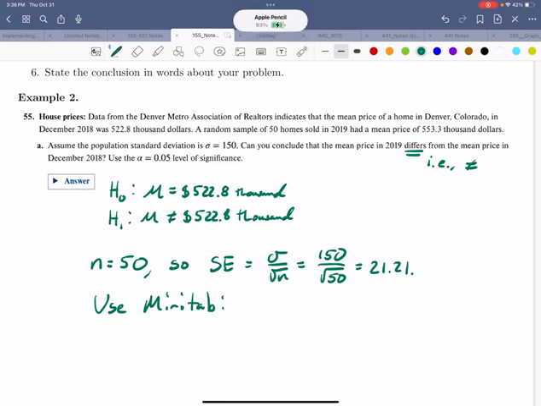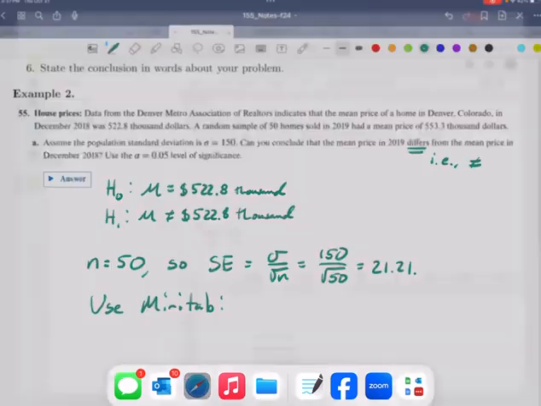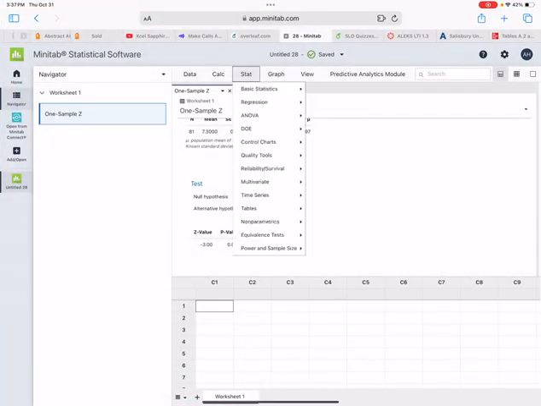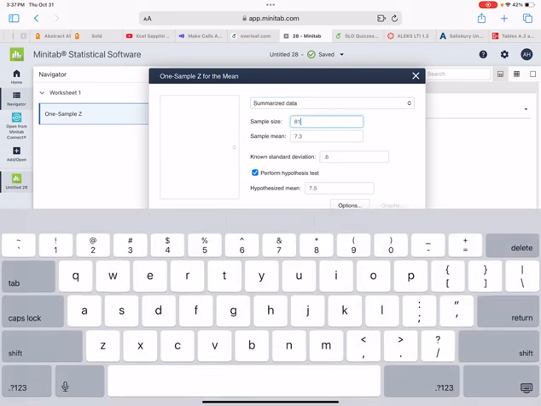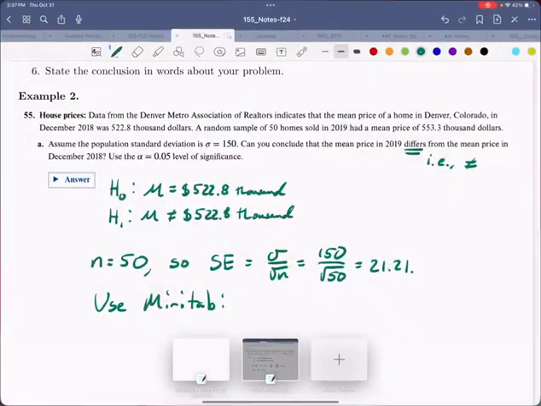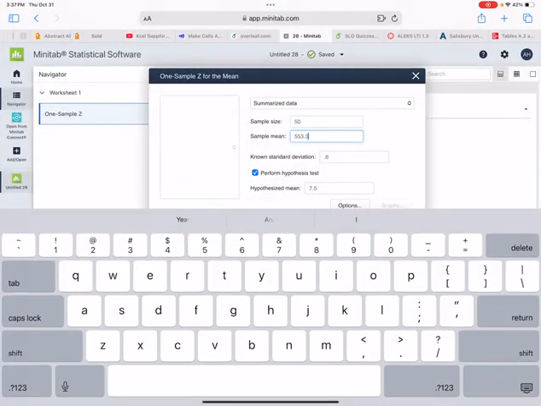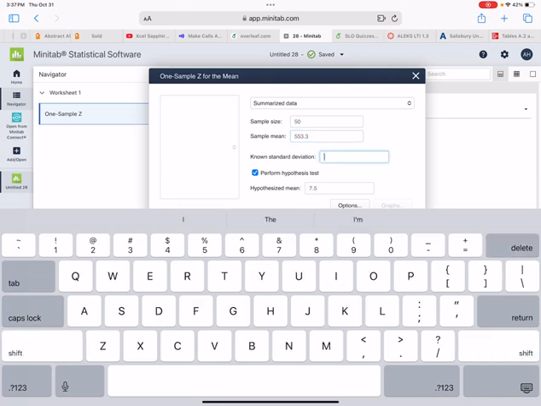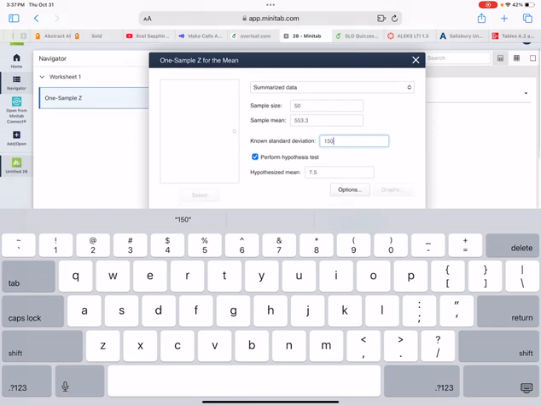So if we use Minitab with our numbers, right, we've got 553.3. Okay. All right, so again, basic stats, one sample Z. Sample size was 50. Sample mean was 553.3. Known standard deviation was 150. I guess we don't need to find the standard error. Never mind.